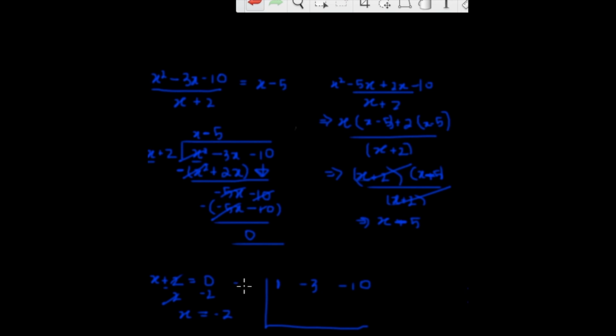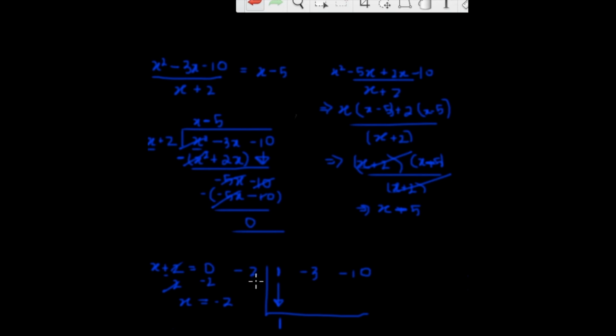Then you put the minus 2 over here, you take the 1 down. Then you need to multiply the negative 2 by the 1. So that gives you negative 2 here. And then you put this value here. And then you need to subtract negative 2 from negative 3, which gives you negative 5.